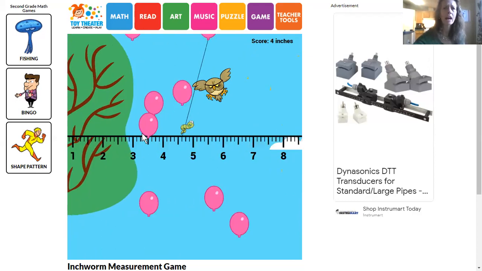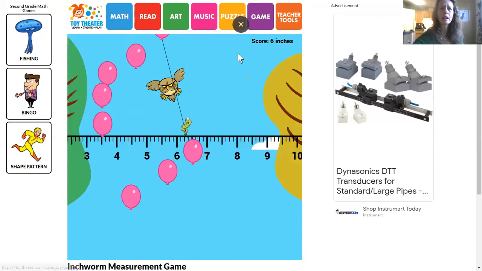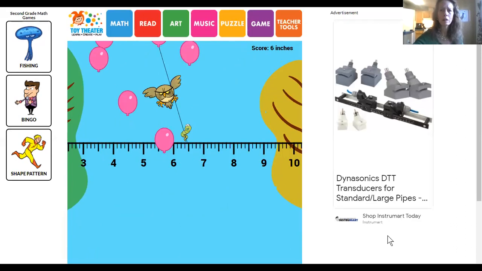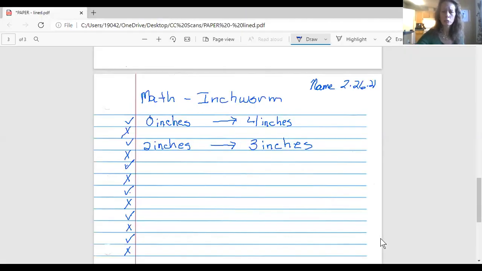Wow, that's a lot. That's a big swing. All right, let's mark that down. This time, our inchworm went from 3 inches all the way to 8 inches.